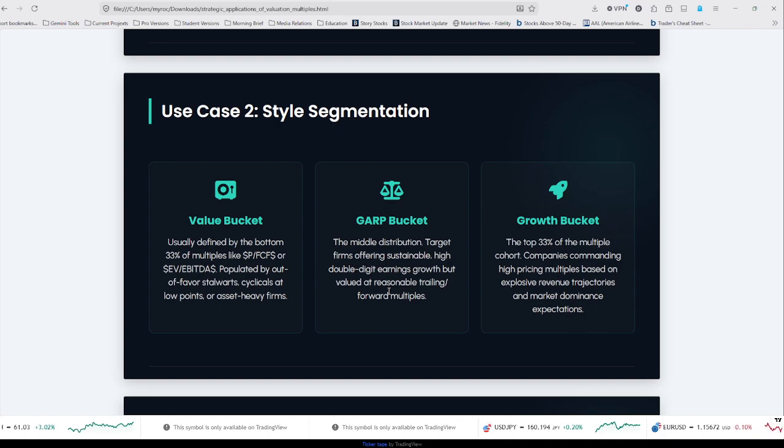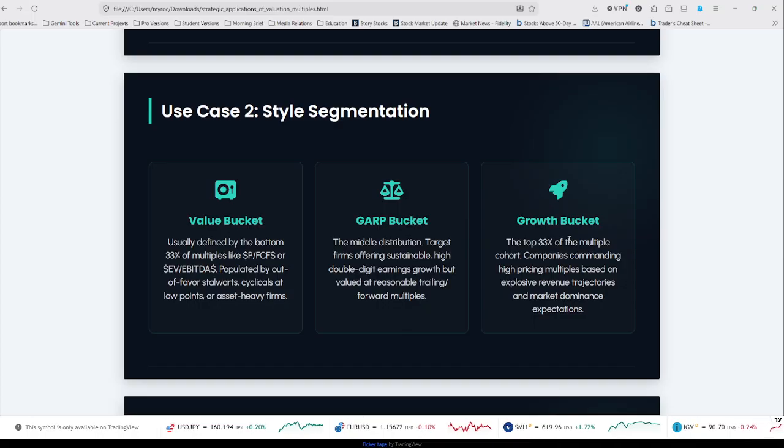So now imagine I took 33 companies and bunched them up into the value basket. I took the next 33 up. So the first 33 ends up in the value bucket, the next 33 ends up in the GARP, growth at a reasonable price, and the last 33 ends up in the growth bucket.